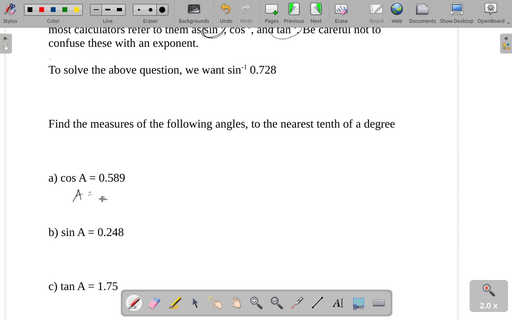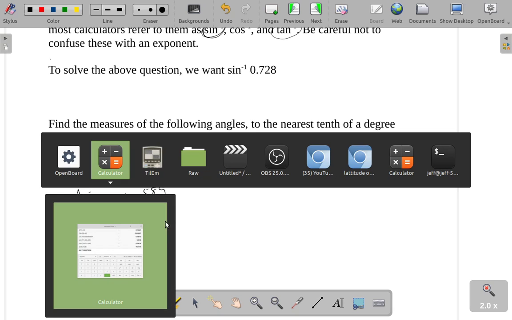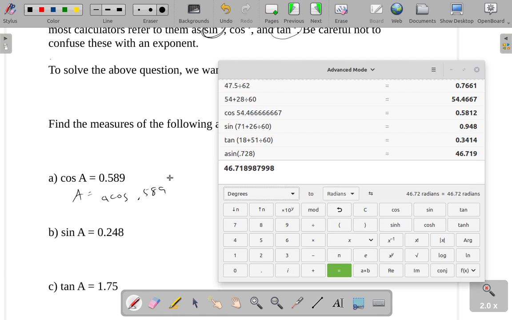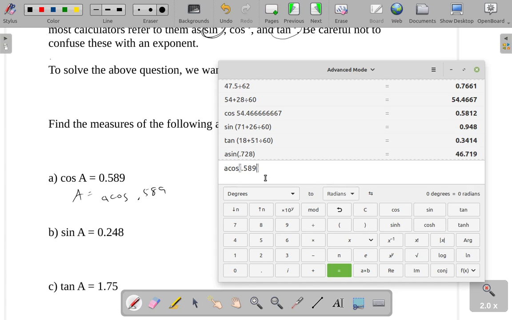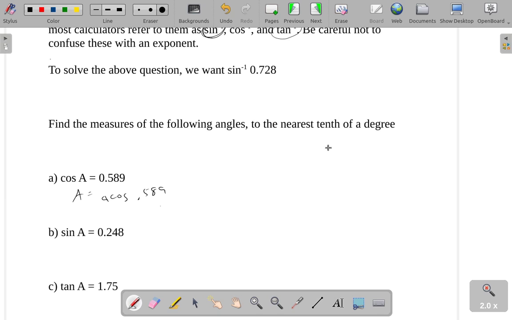So A would be the arccos of 0.589. I will go ahead and do that on this calculator. I'm going to do arccos of 0.589, which gives me 53.9. I'm rounding this to the nearest tenth of a degree, so A is approximately 53.9 degrees.